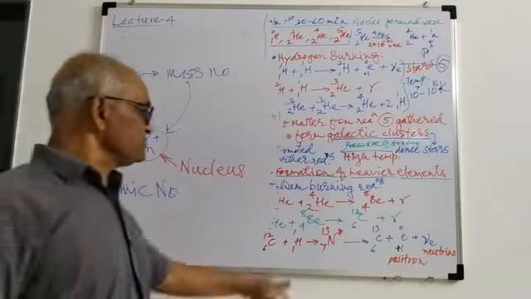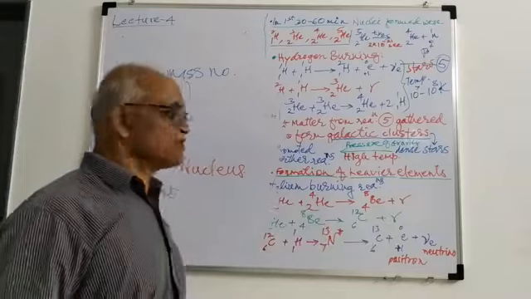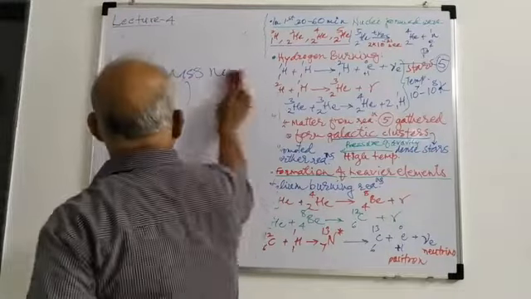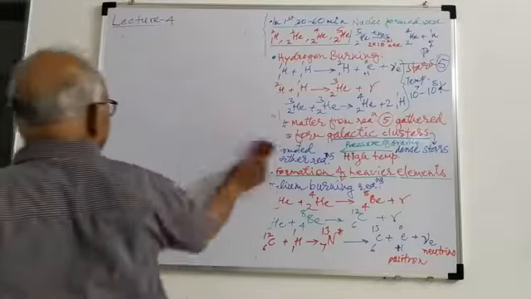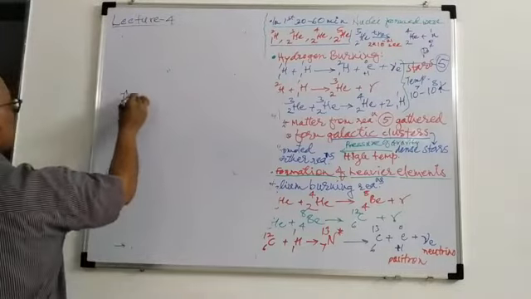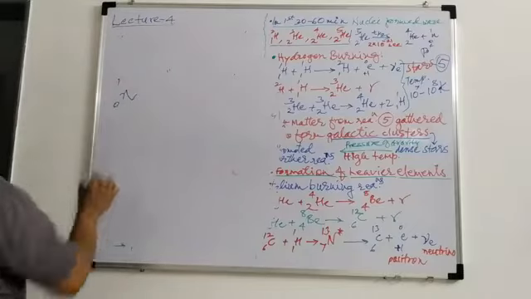Now we have also seen that there are various subatomic particles. Now you can see the subatomic particles like this. So the neutron is one subatomic particle. It has 0 charge and mass 1.